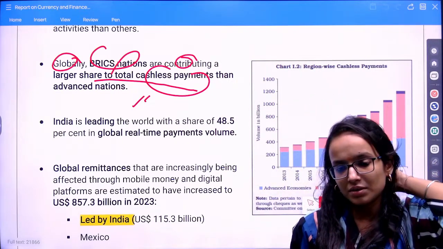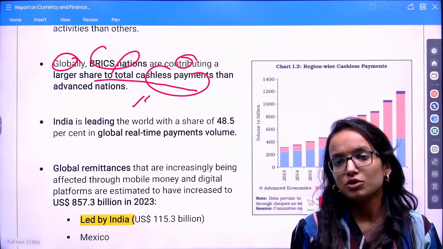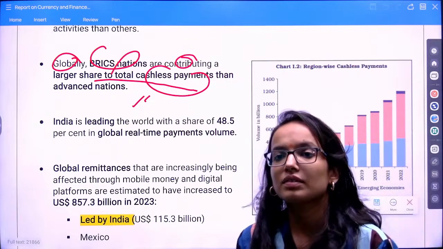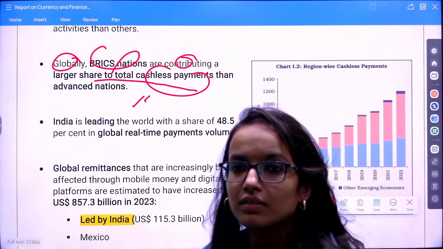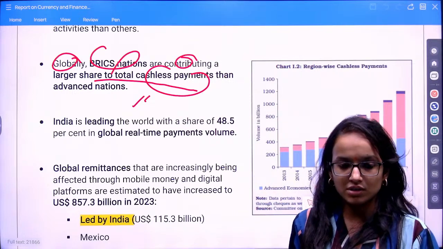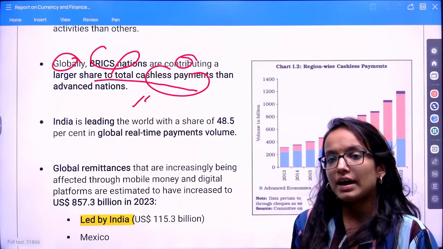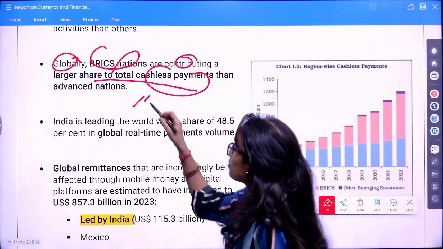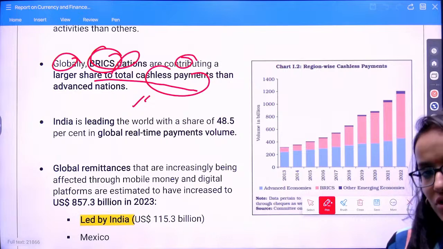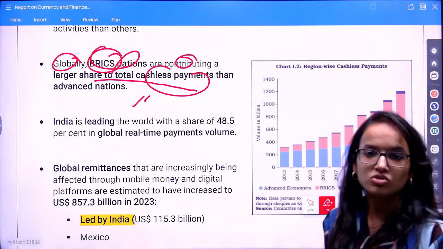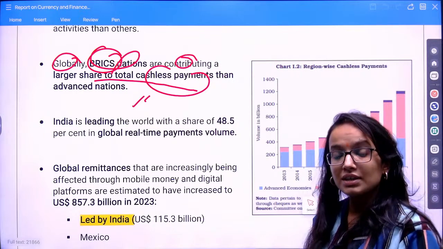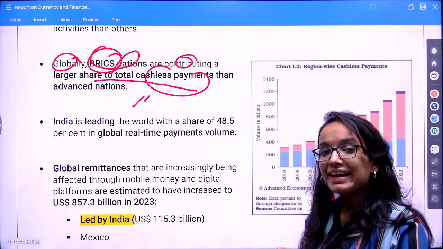You know, right? You should be sure about all these countries. Just go through the BRICS concept and you will be able to remember. BRICS is a short form for Brazil, Russia, India, China and South Africa. So they are contributing a larger share in cashless payments if you compare with the advanced economies.